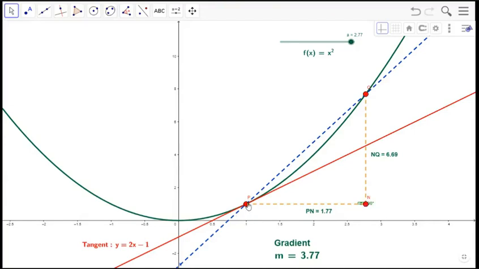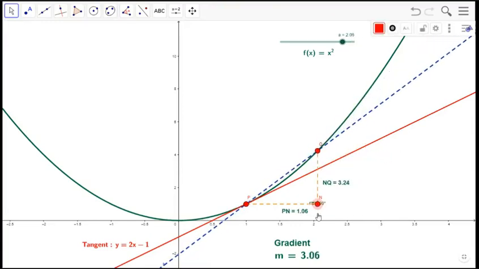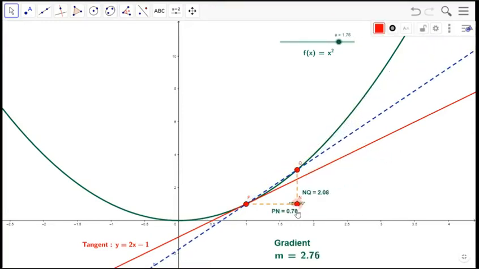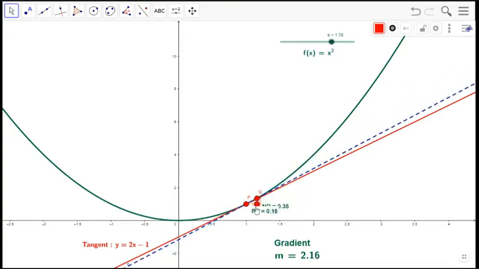And here, the difference, which in our case we're going to call delta x, is 1.77. If we make that number get smaller and smaller, look what happens to that blue dotted line. It's getting closer and closer to the red tangent.